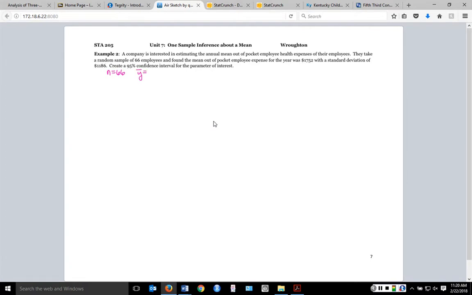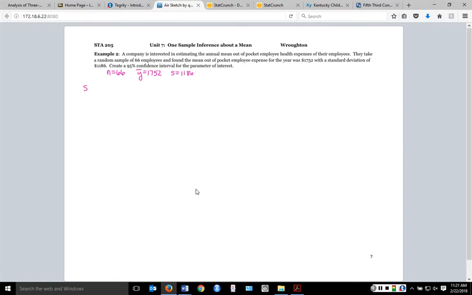So that's going to be our y bar, with a standard deviation of 1,186. And again, notice this number is coming from just those 66 employees. That's why it's a sample standard deviation and not a population one. We're going to create a 95% confidence interval for our parameter here.